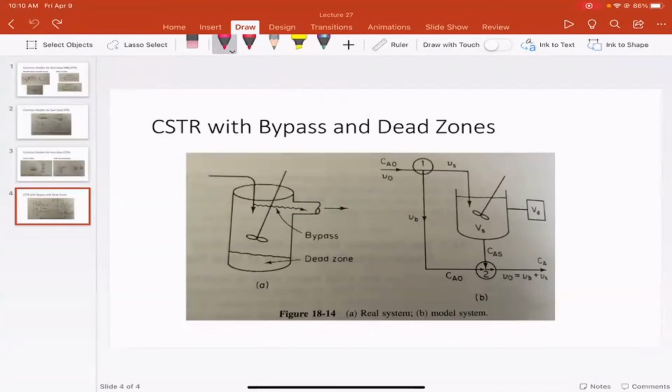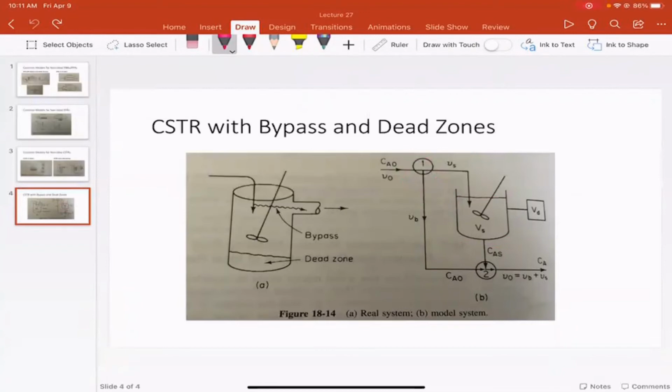And when that's the case, our process flow diagram can simplify to being our reactor. And then just like I showed earlier with the PFR, we have a split point here that's labeled as 1. We have another split point here that is labeled as 2. And this model, a CSTR with bypass and dead zones, we're going to spend some time on.